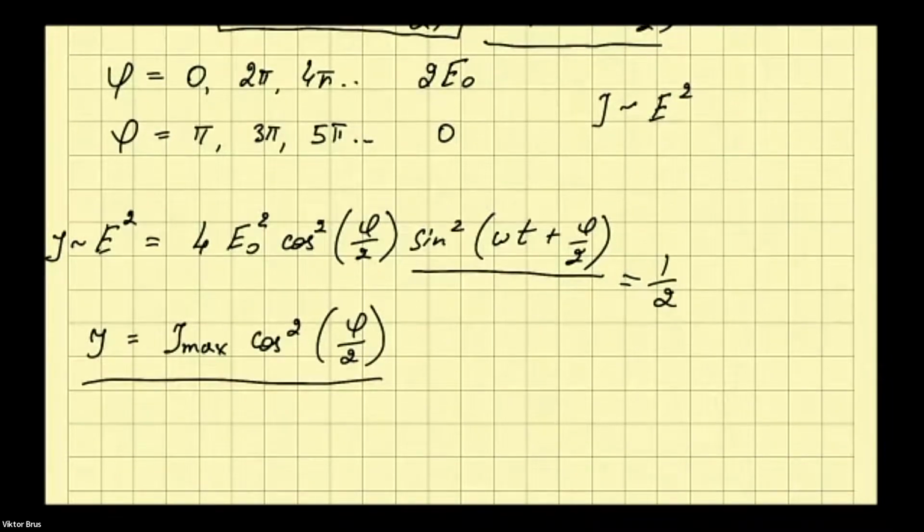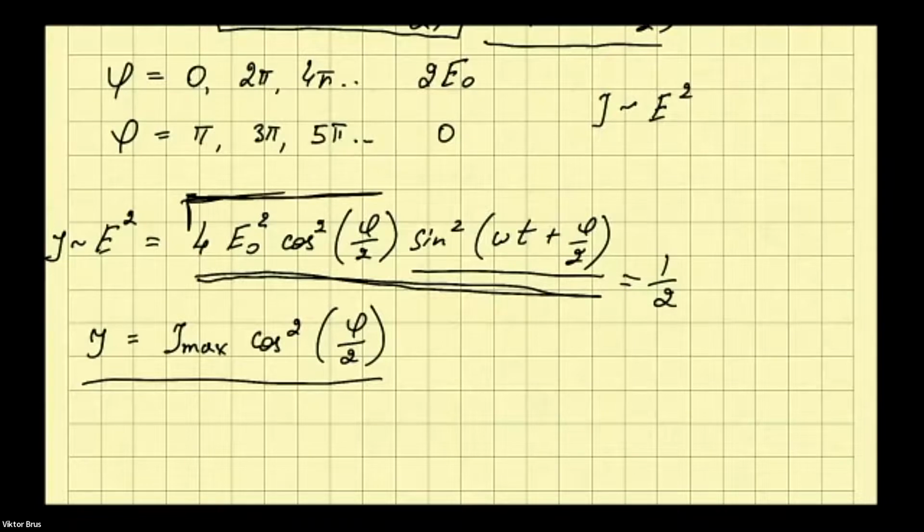So here we go from the electric field. We don't have an explicit equation for intensity, but since we know that the average over time will be 1/2, it would be necessary to add other parameters to go from here to I maximum. So we don't go for that.